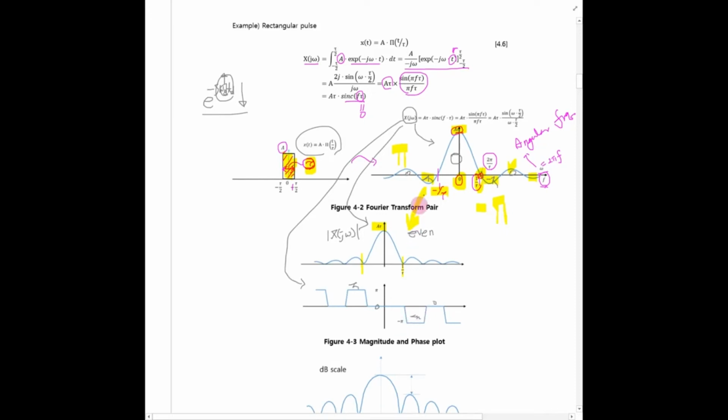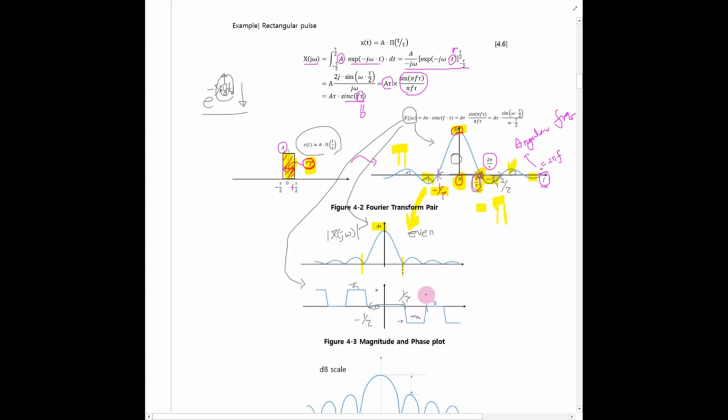You know that this was 1 over tau, minus 1 over tau frequency. During this frequency range, the angle is 0. But in this range, from 1 over tau to 2 over tau, the angle is minus pi.